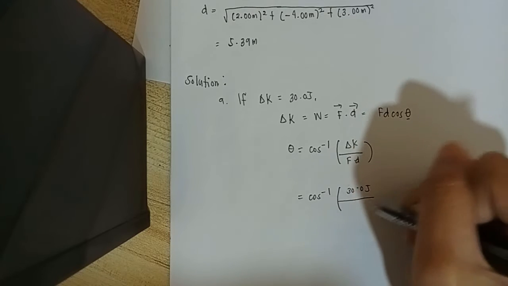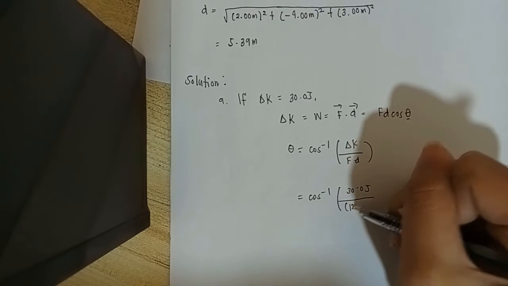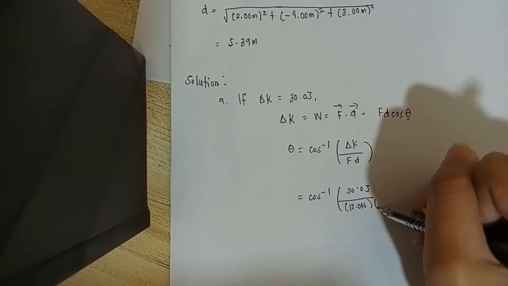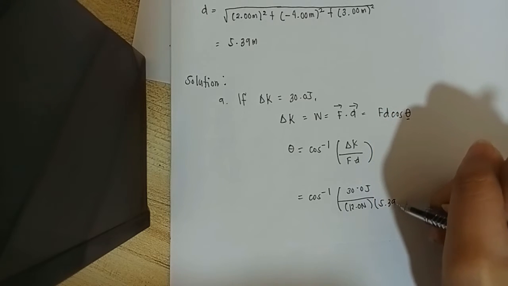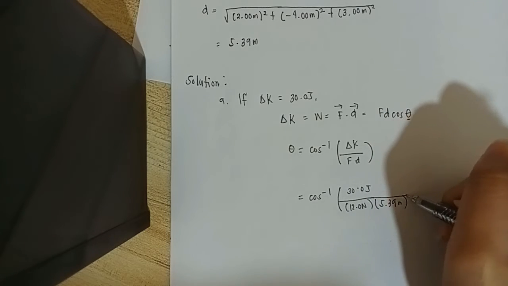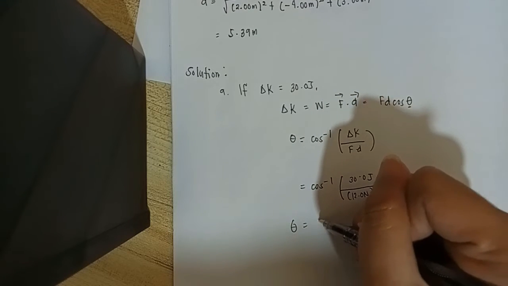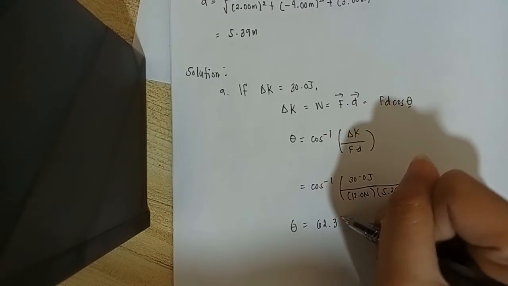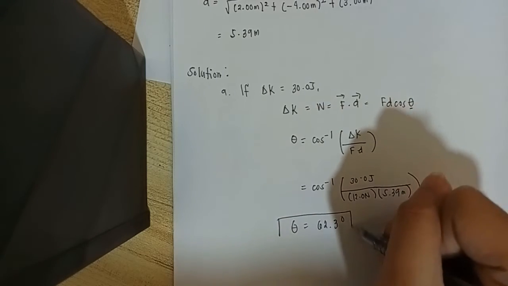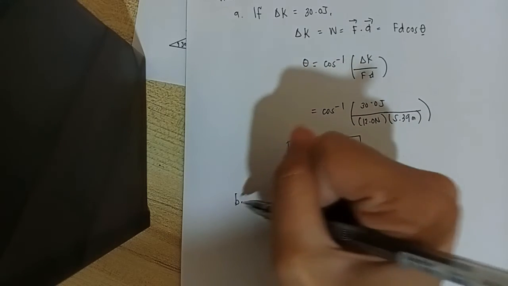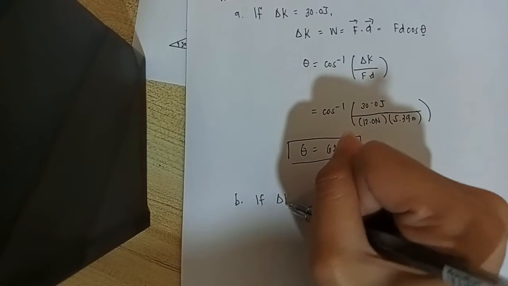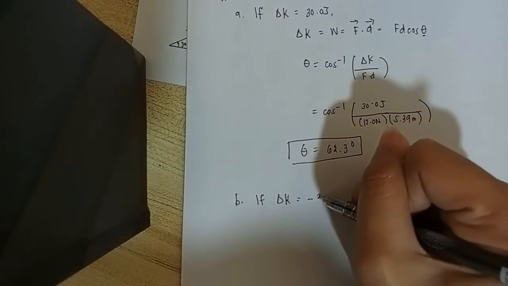Substituting our givens, that would be arc cos of 30.0 joules divided by 12 Newton multiplied by 5.39 meter. Entering that on our scientific calculator, that will be 62.3 degrees. That will be our angle if our kinetic energy is 30 joules.